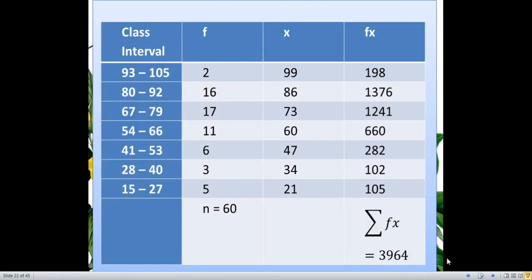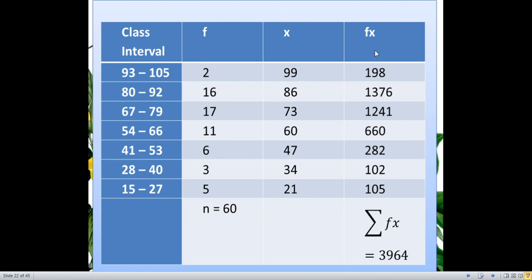Here is the table. On the first table, this is the only thing you see. We don't have this x, which is the midpoint or middle value, then the fx, which is the product of these two. So x is for the middle value. How do we find that? Find the middle value of each interval, such as 80 to 92.